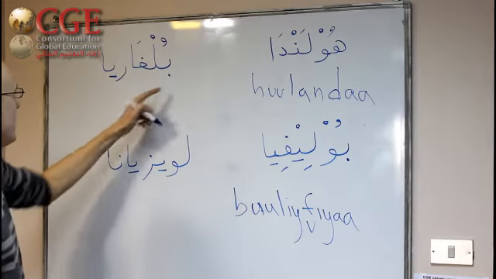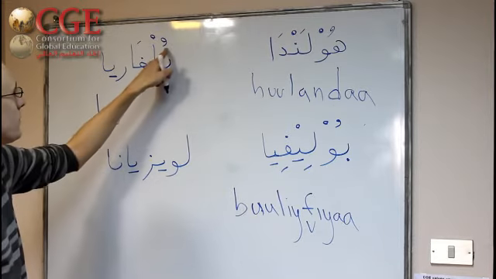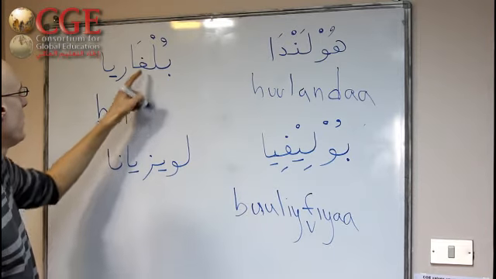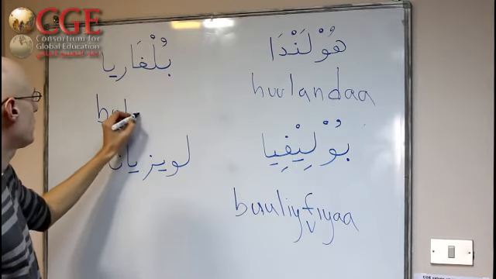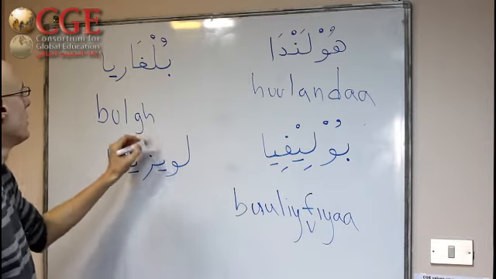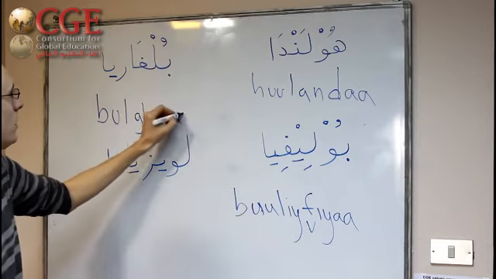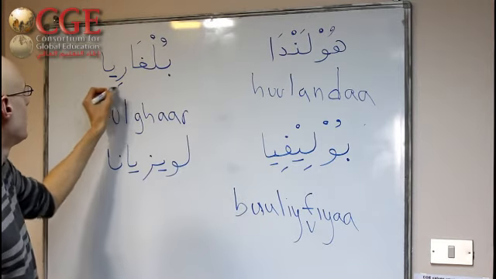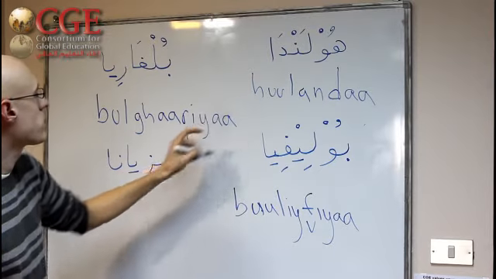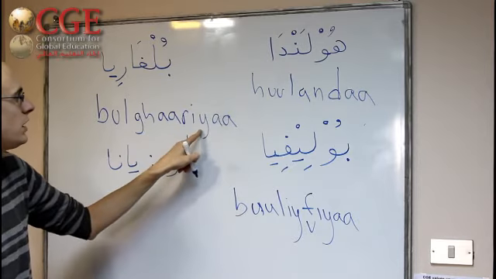Alright, next we have again a B with a short U, followed by an L. And then Ra. We don't write that with GH. Then long A. And R. So, Bulgaria.